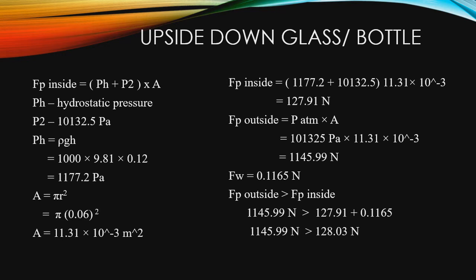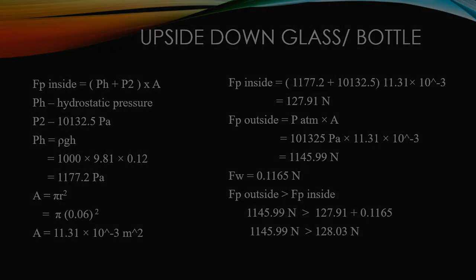From the calculation, we know that the force pressure from the outside, 1145.99 Newton, is greater than the force pressure inside the glass, 128.03 Newton. Okay, that's all from me. Thank you.